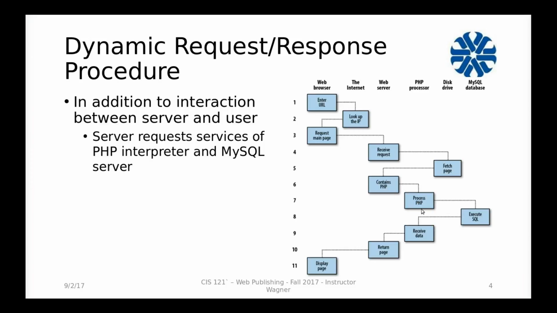And if there's any SQL in your program, it's going to get the data from the database and then form the web page from the PHP processor and then display the page. This sounds a lot more complicated than it actually is.